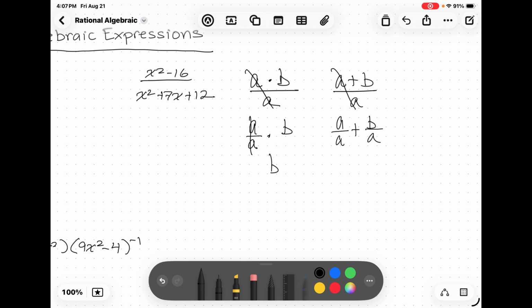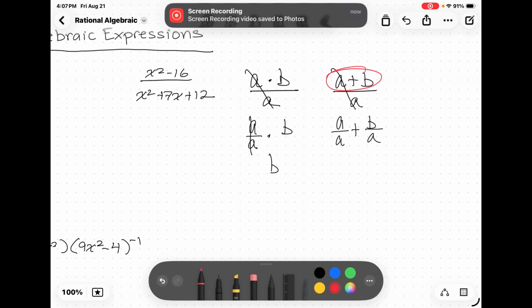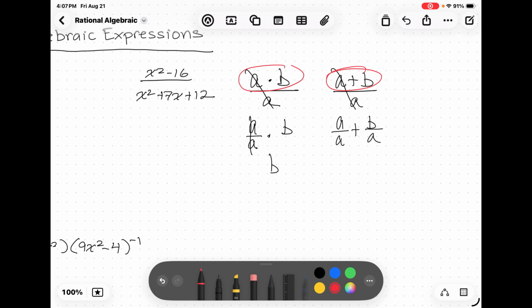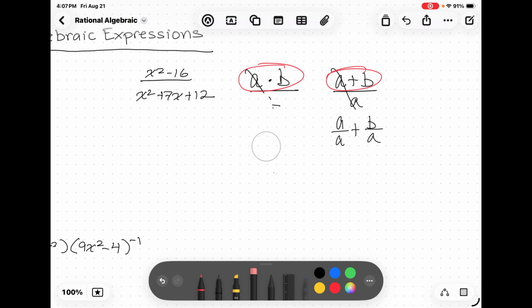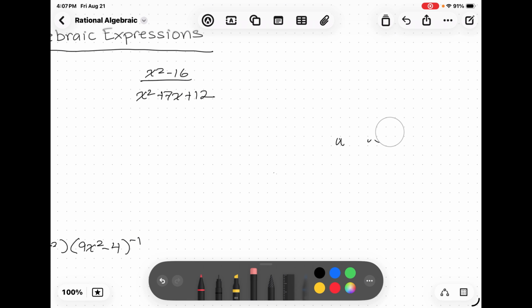You see, adding them is different than multiplying them. They don't work the same. So we certainly can't cancel. Take a look at that. That's a common error that students continue to make. Try not to be one of those students.